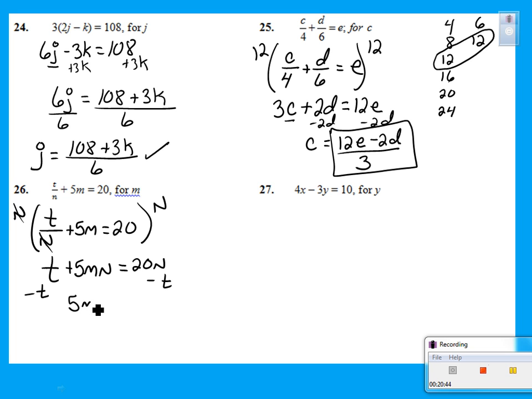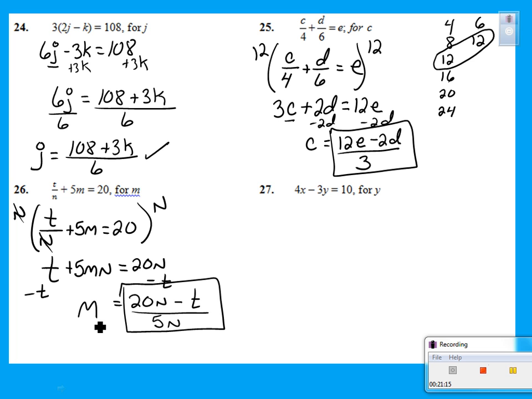So I now have 5mn equal 20n minus t. And I need to get m by itself, so I need to divide by 5 and n. Oops, 5n, I said. My final answer is right there. Since I'm running out of room, I'll just clean this up. That's what my m will equal.